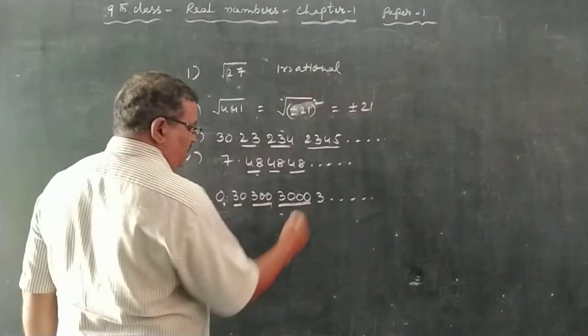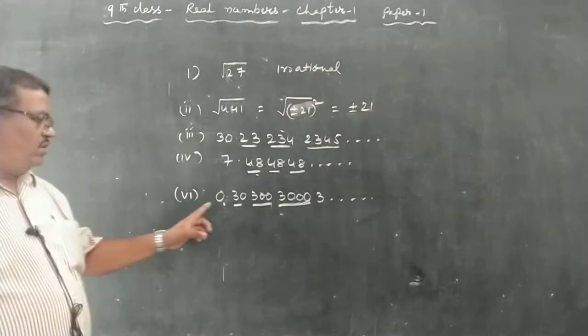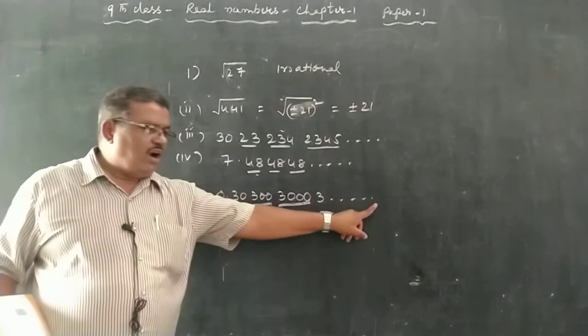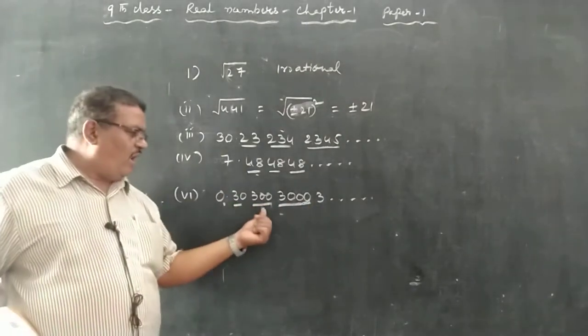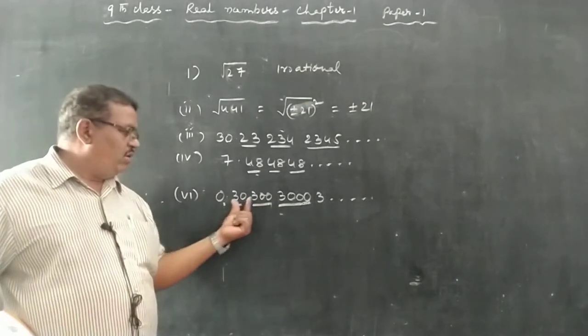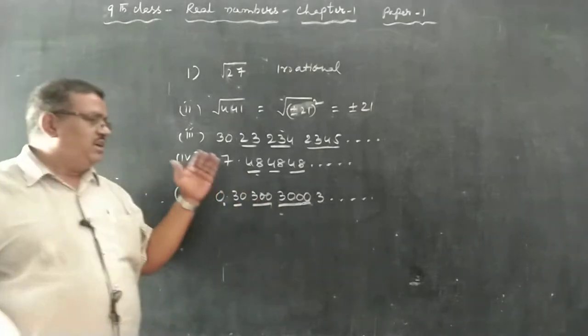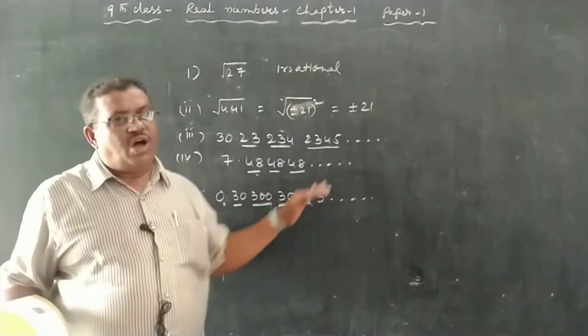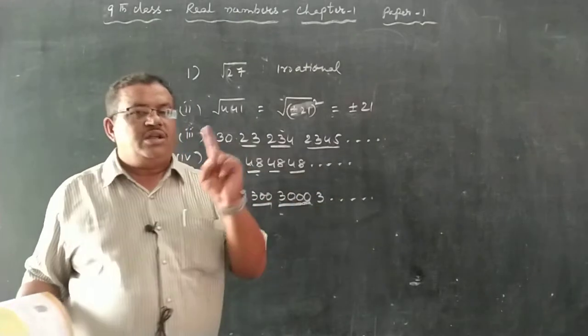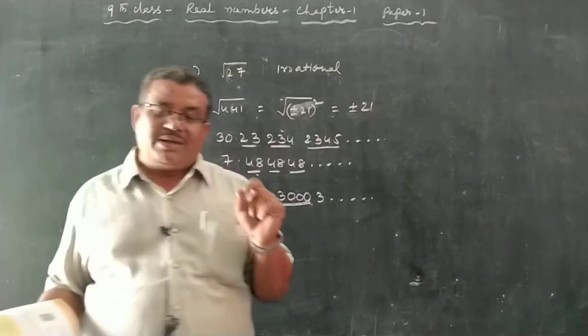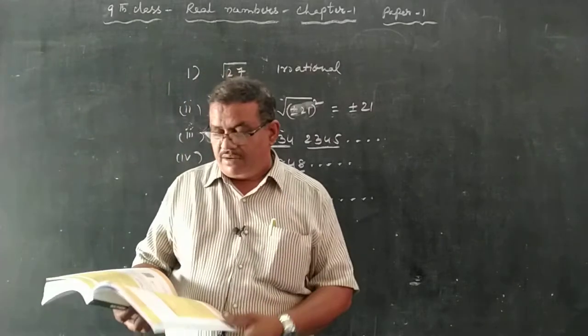Clearly it is non-terminating and also non-recurring. Here 30, then 300, 3000, so it is a non-terminating, non-recurring decimal. Every non-terminating, non-recurring decimal is an irrational number.